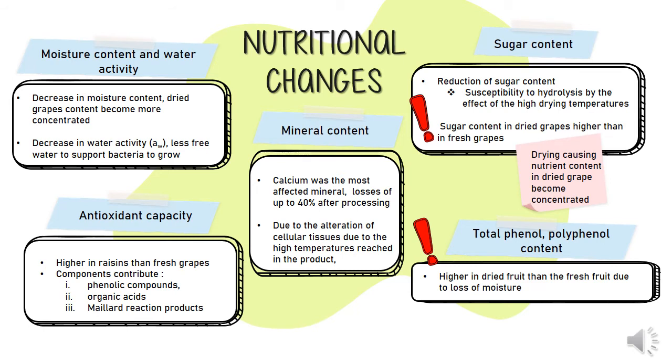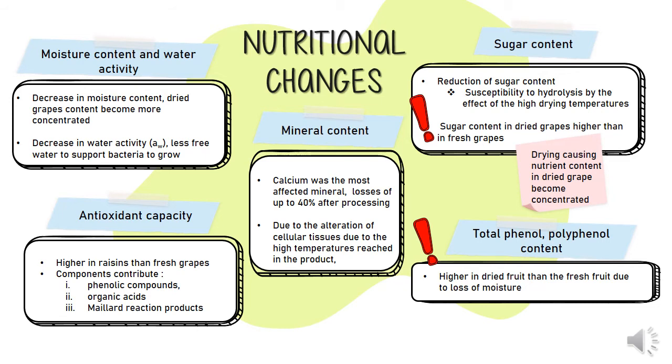And the last one is antioxidant capacity, where in the raisins or dried grapes, the antioxidant capacity is higher than in fresh grapes. The components that contribute to the antioxidant capacity are phenolic compounds, organic compounds, and Maillard reaction products.